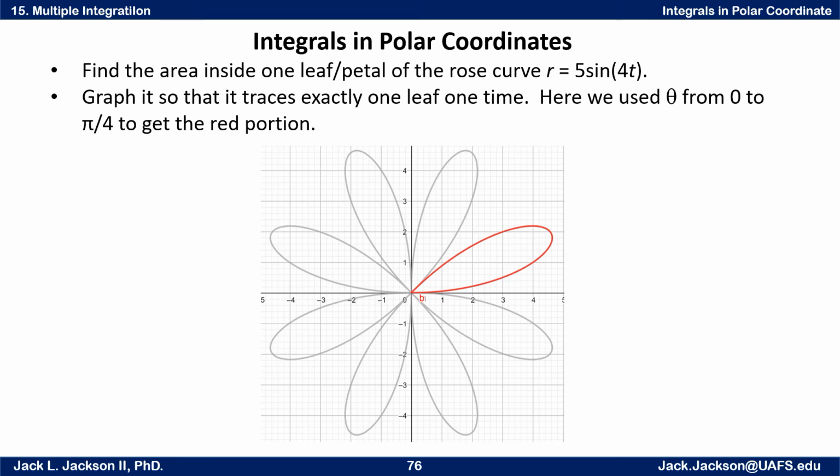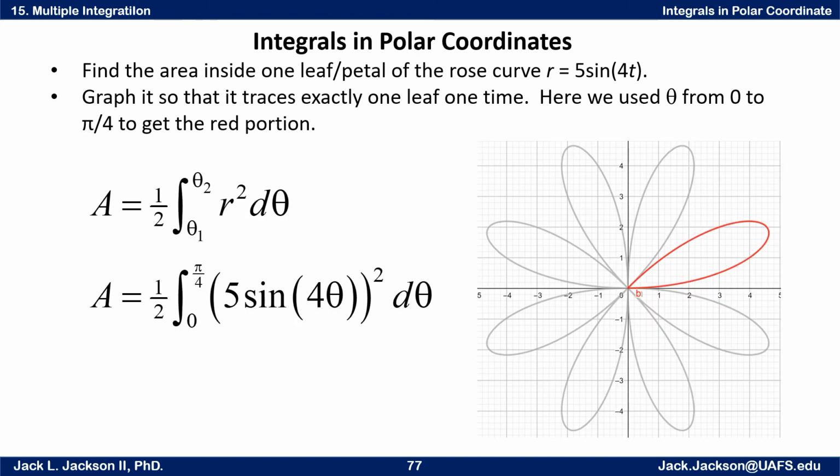When you think you've got it done, come back. Press pause now. Did you get this? The area is 1/2 the integral from the lower theta to the upper theta of r squared d theta. Of course, r is given by our formula, 5 sine of 4 theta.